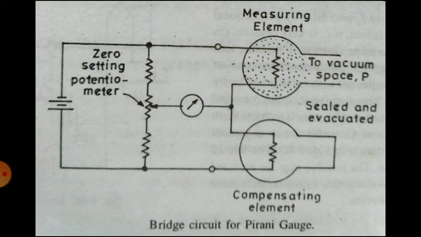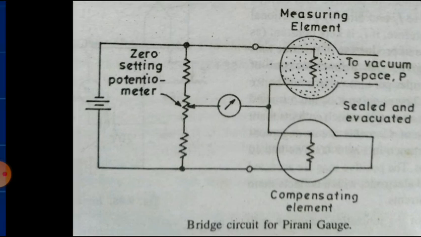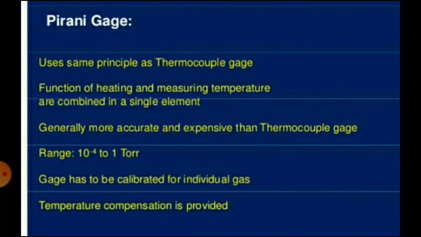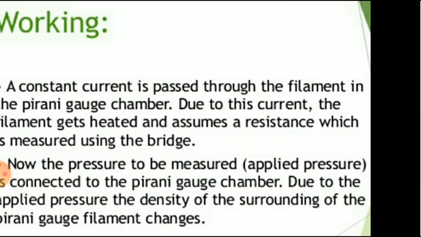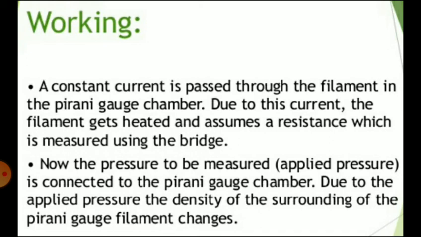The magnitude of the output of the bridge produced on account of bridge unbalance is indicative of the change in the value of resistance of the heater element, and hence the unknown pressure. So that principle is used in Pirani gauges. It uses the same principle as in thermocouple gauges. So this is the working of the Pirani gauge.